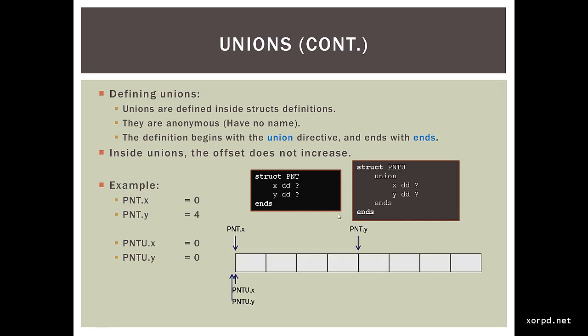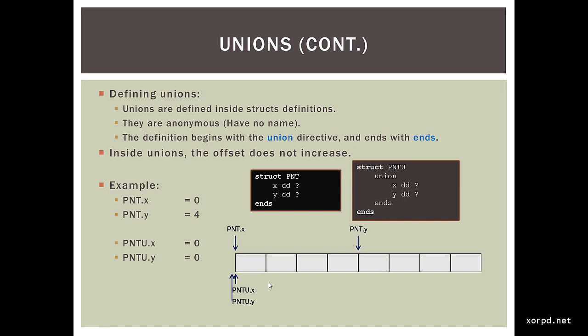Let's look at a picture. If we think about some 2 DWORDs in memory, then we have that pnt.x points to location 0 and pnt.y points to location 4. However, if we think about the pntu structure, which is basically a union, we get that pntu.x and pntu.y point to exactly the same place.